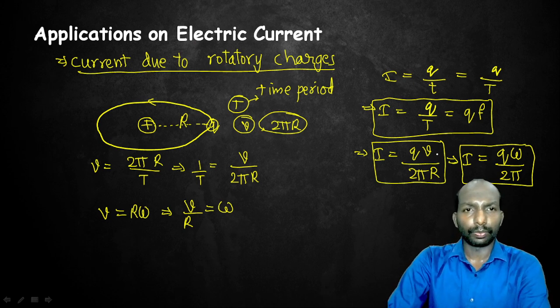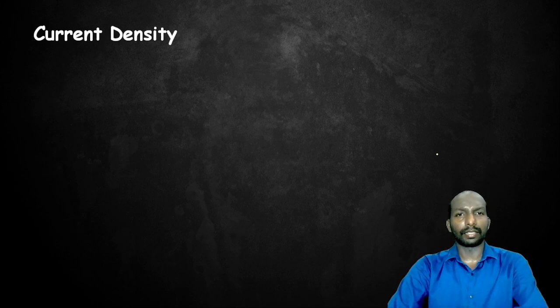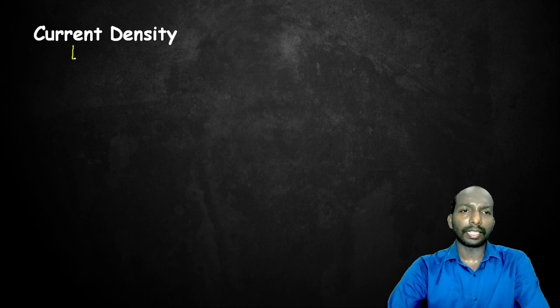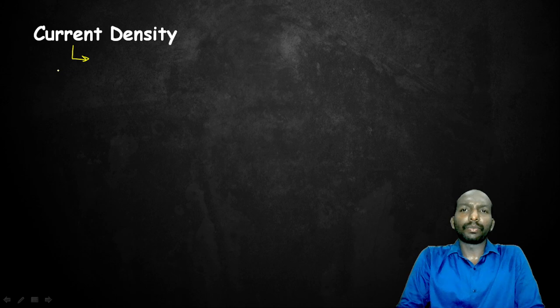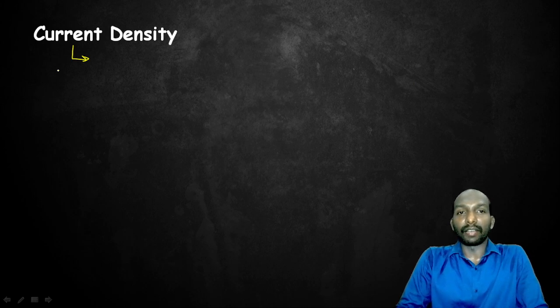Now let us discuss electric current density. Electric current is the amount of charge crossing any area of cross section in a given interval of time. Simply, it is the rate of flow of charge through any area of cross section.